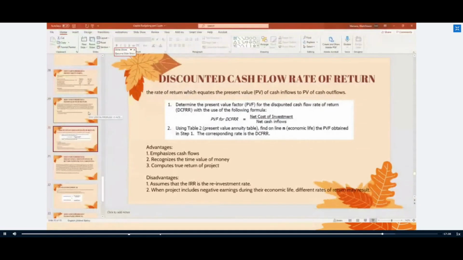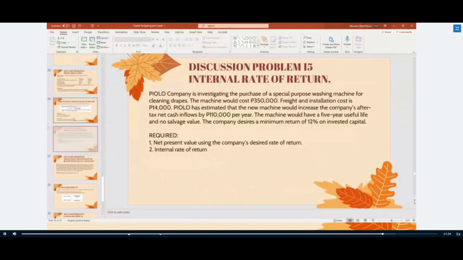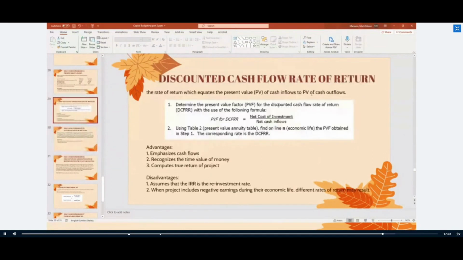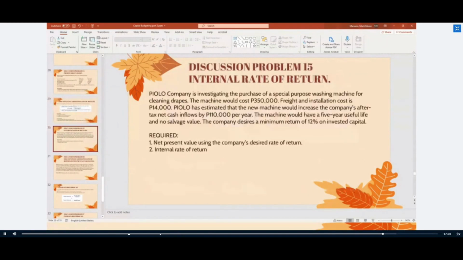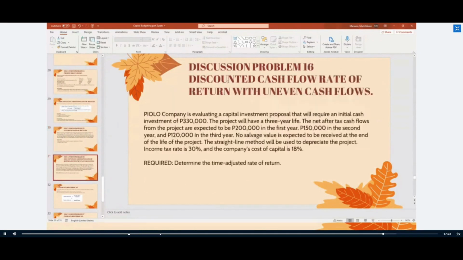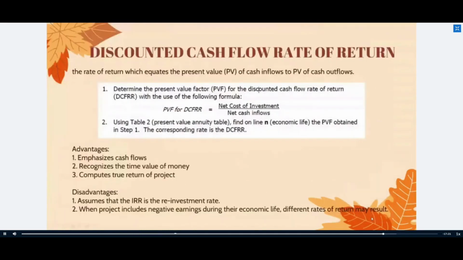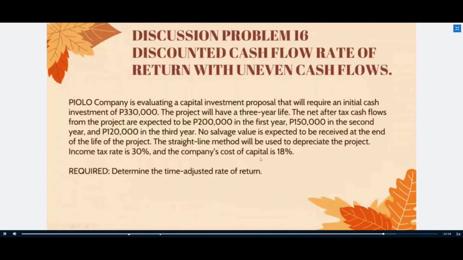Actually, problem 15 came before the concept. So we should have discussed this first before proceeding with problem 15. Well, anyway, we have computed it already. So discussion problem 16, determine the time-adjusted rate of return.